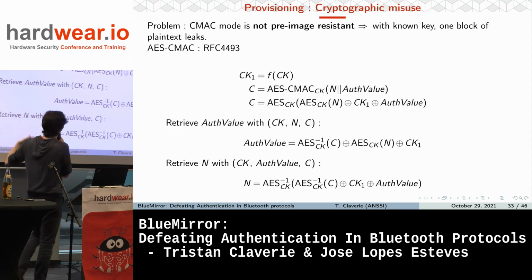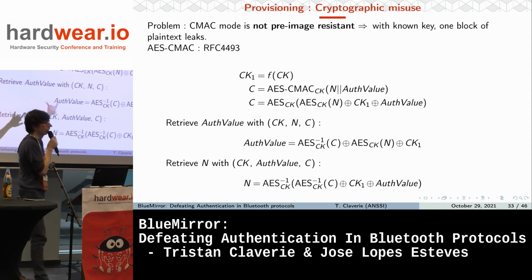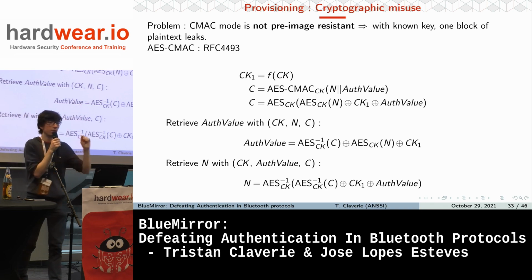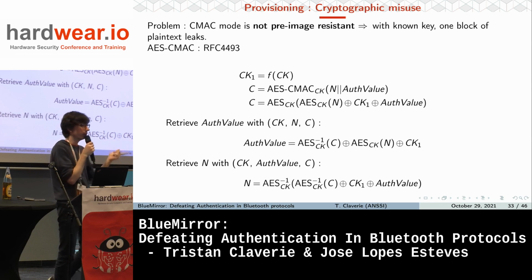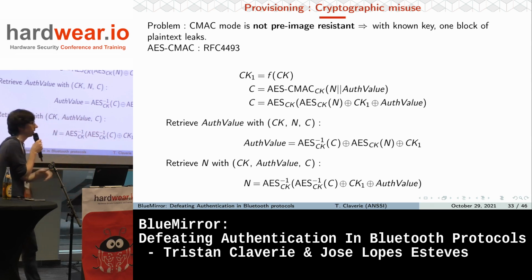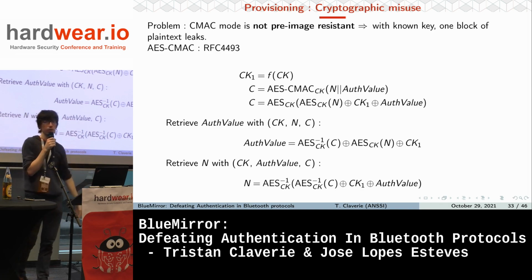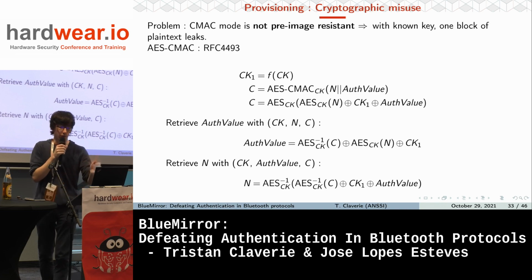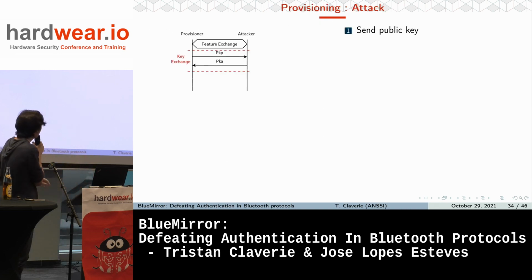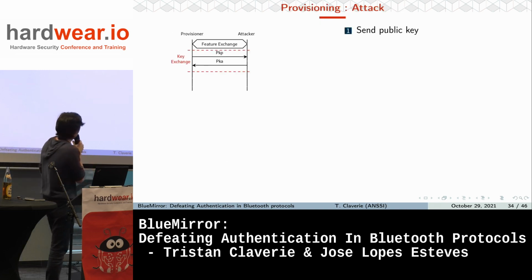This means that we have those two intermediate results. If we know the confirmation key, a nonce, and a confirmation value, we may recover the authentication value. And if we know the confirmation key, authentication value, and a confirmation, we may recover a nonce. We'll see how to combine them.